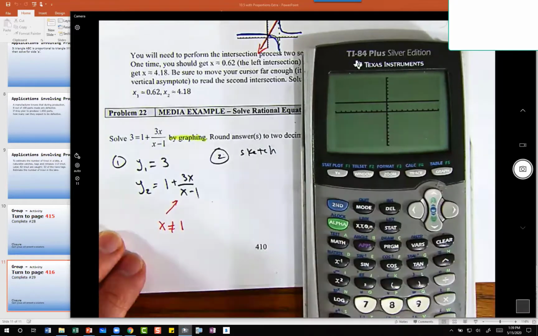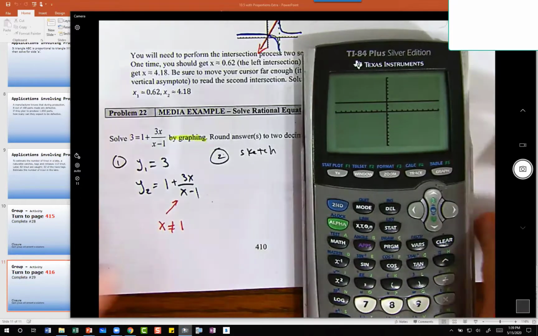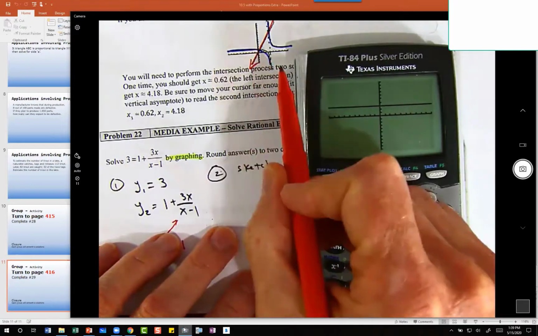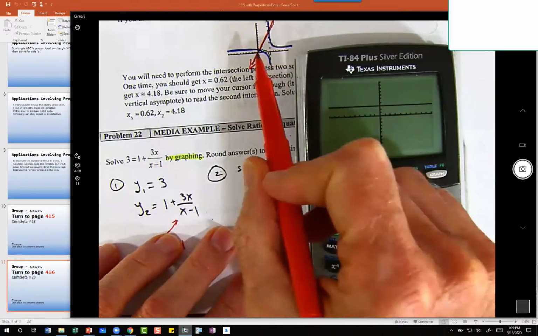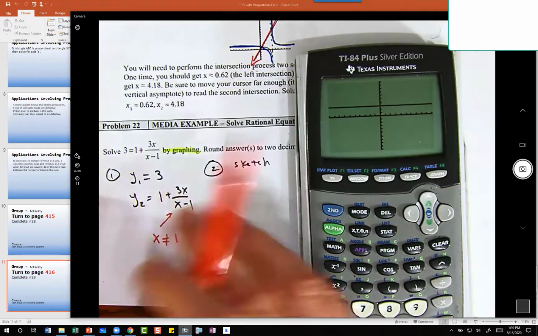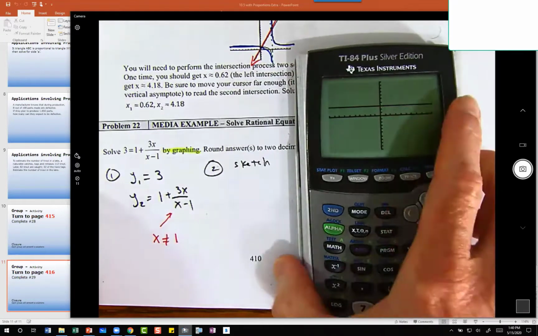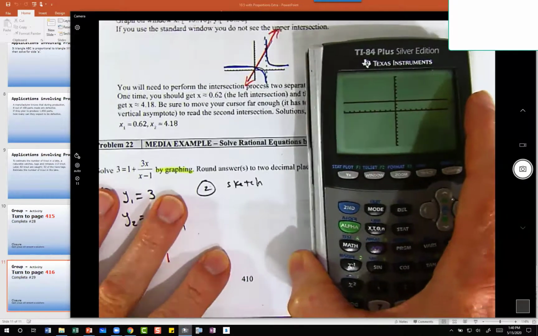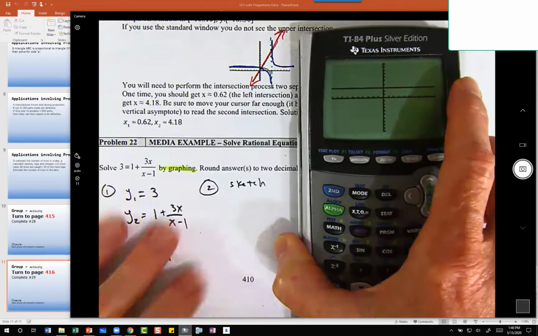I don't see anything broken here. When you have a rational function, you should see 2 branches like this blue one, or 3 branches sometimes. So if you don't see branches, you know something's wrong. And so my graph is messed up here.